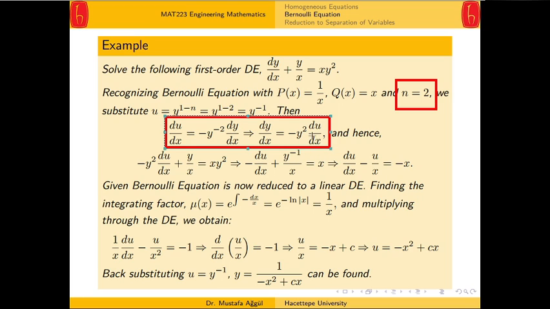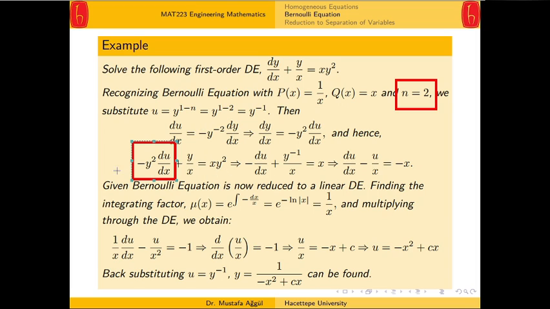Let's substitute this in the differential equation. When we do that, this is the dy/dx part because we have found it this way, and then y over x will remain as itself, and xy squared will be the same.